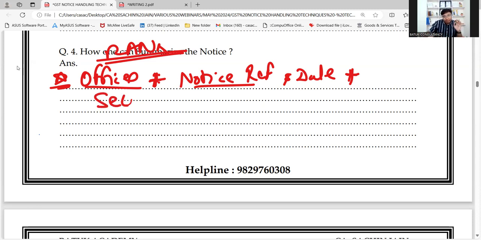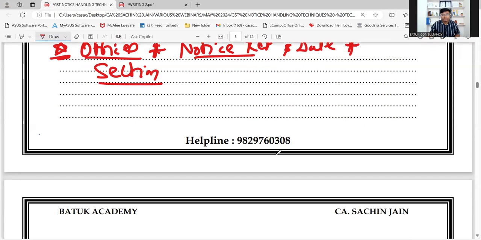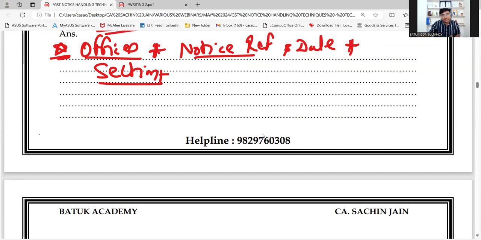Then after, for the summary, you need to put the section. Then the section identification is done, and that should also be summarized. After the section, what we did in the first course of action should be part of your summary. Section, then the reason, then you just need to put one thing, that is a reference of your reply.